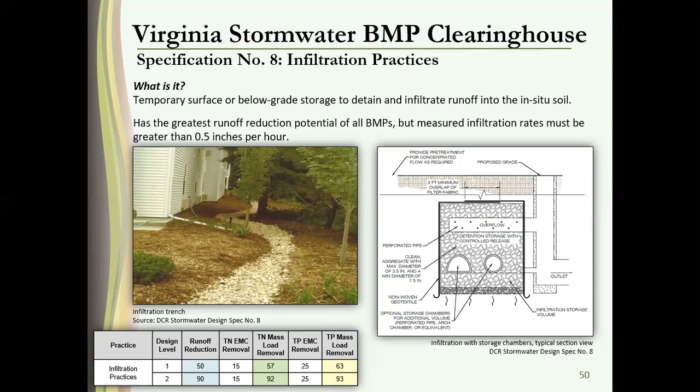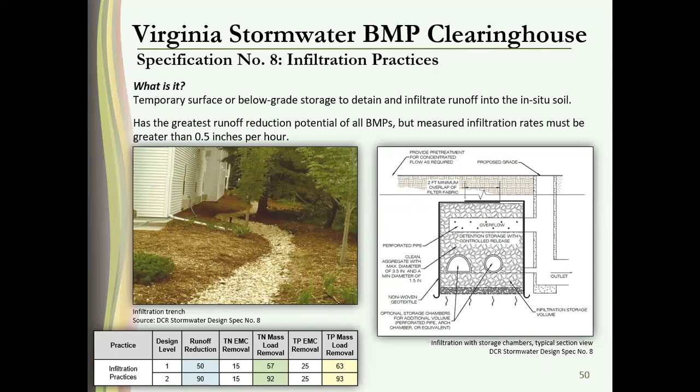Another option, infiltration practice. So infiltration, this is kind of the best. If we could, this is what we would always do, right? We would capture the water and just let it sink back into the ground. That's ideal. That's also part of the reason that infiltration practices, if you can implement them well and correctly, you can get a ton of treatment.